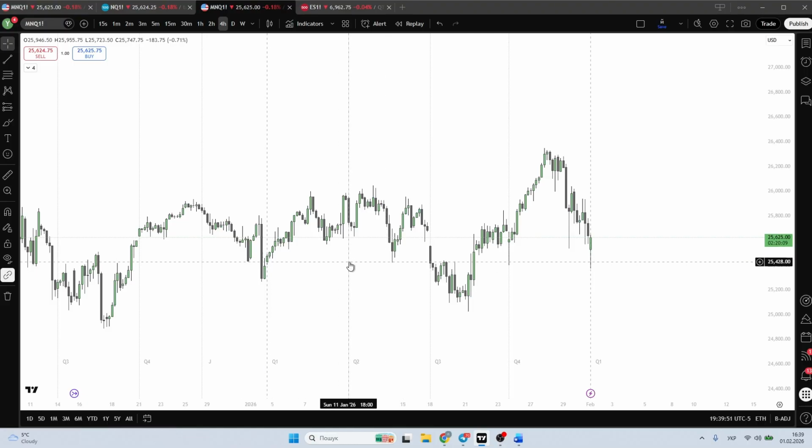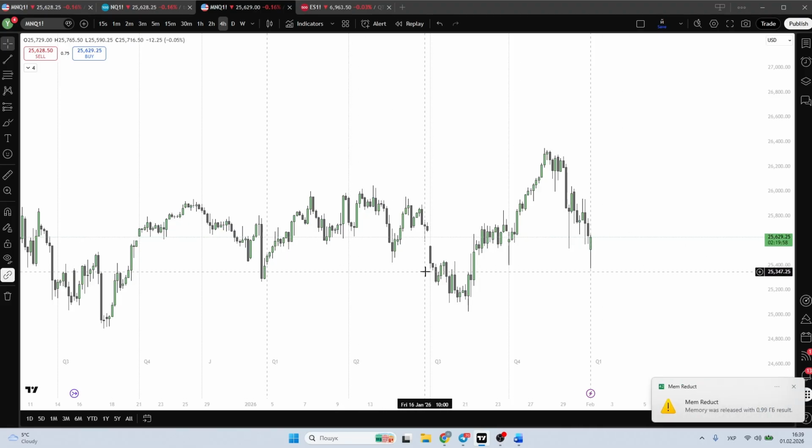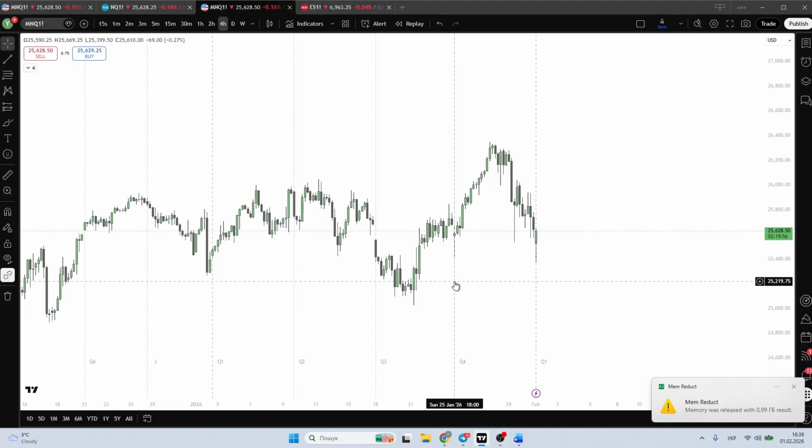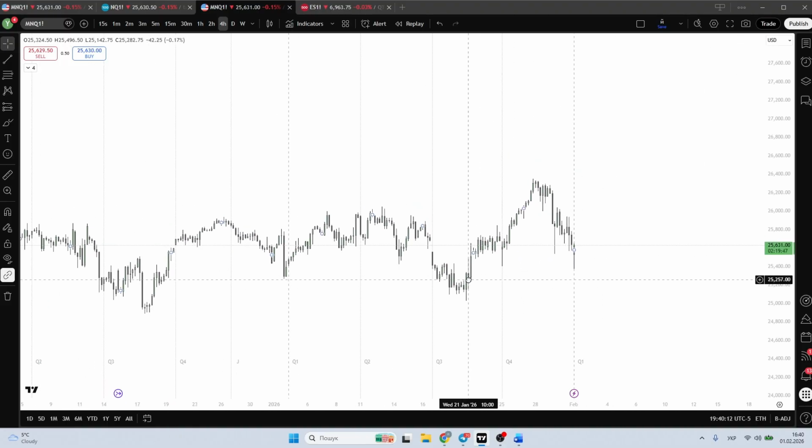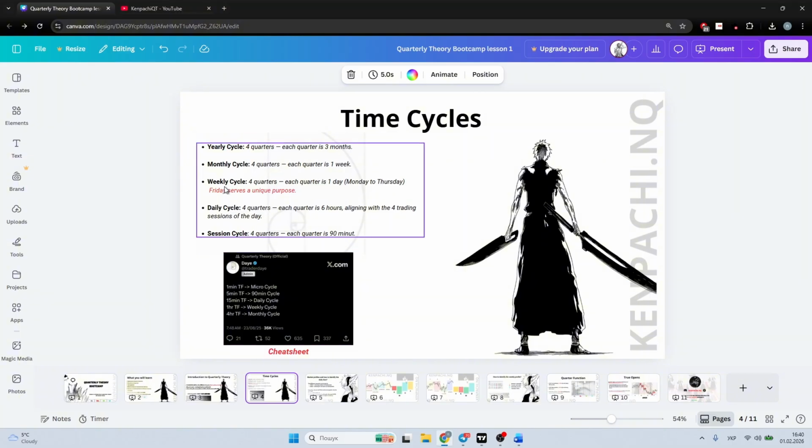So you can see there are 4 quarters, and every single one is 1 week, from Sunday 4th to Sunday 11th, and more, as you can see, from 11th to 18th, from 18th to 25th, from 25th to 30th. So yeah, that's pretty much it about the monthly cycle. The same you can see with the weekly cycle.